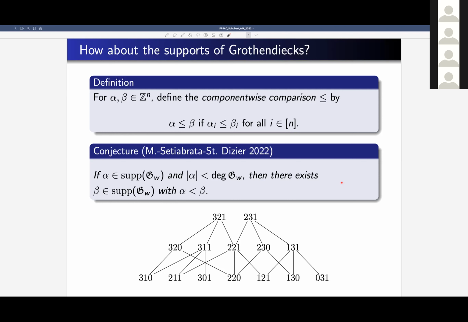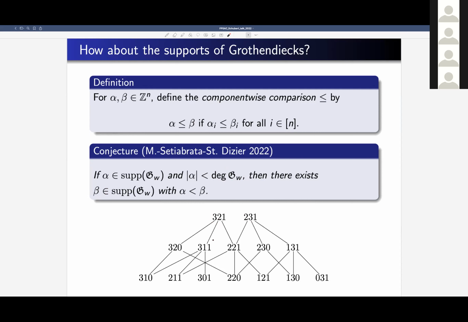So, okay, the mildest one, and we'll go in increasing excitement and increasing ambitiousness, is to say, well, if you have somebody in the support, so looking at some exponent in the support of the Grothendieck, and its degree is less than the total degree of the Grothendieck, so less than the reg of w, then there's got to be something else in the support that is bigger than it in this component-wise order.